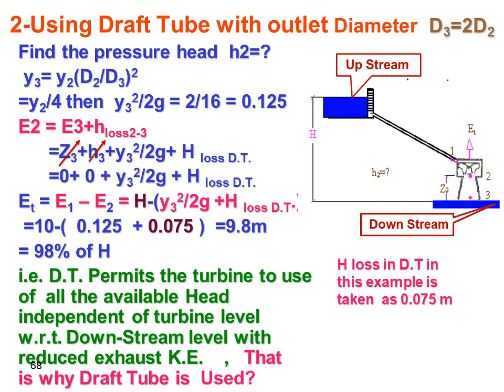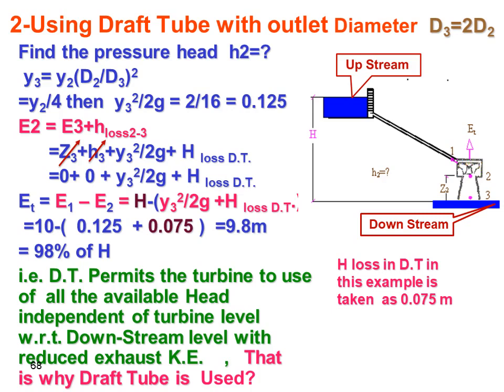We only have V3 square over 2g and the head loss in the draft tube. As we calculated before, V3 square over 2g, you can find that E turbine equals E1 minus E2, and E2 now equals V3 square over 2g plus head loss in the draft tube.